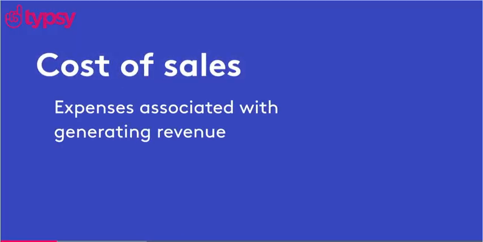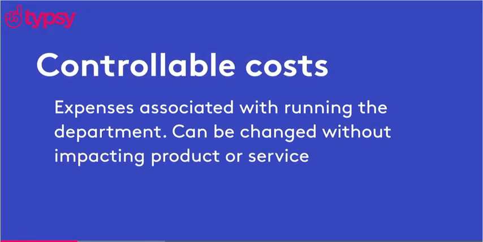The first thing to talk about is the cost of sales. Basically, this covers any direct costs associated with generating revenue, things like meat, produce, coffee beans, beer. You got the idea? The next metric is controllable cost. These are costs associated with running the department, and they are things you can change without significantly impacting your product or service.